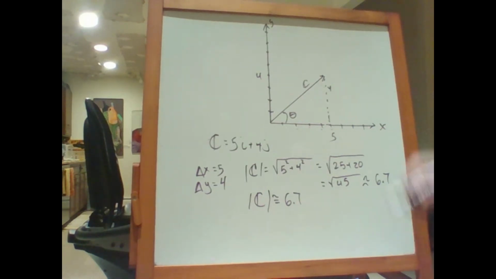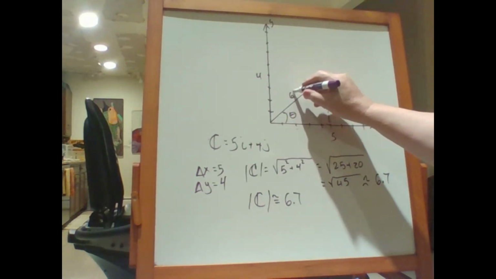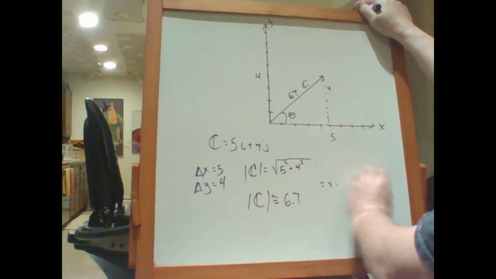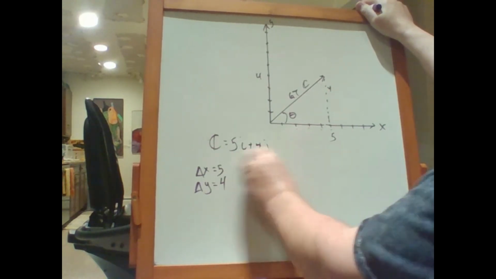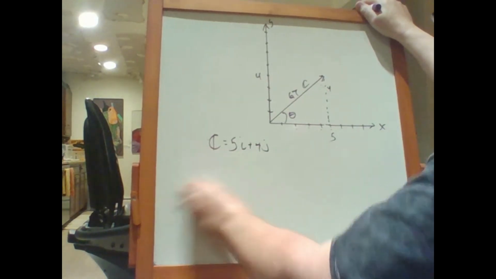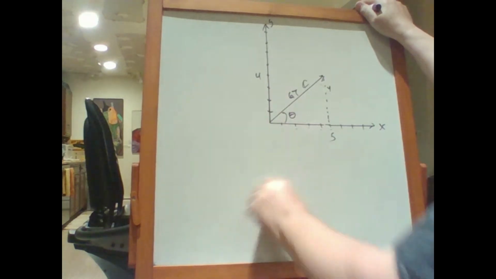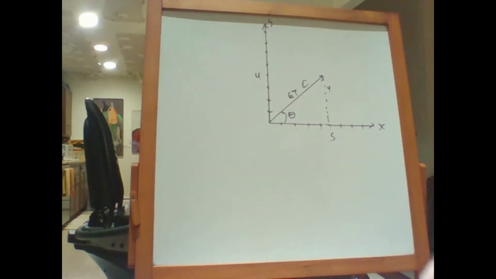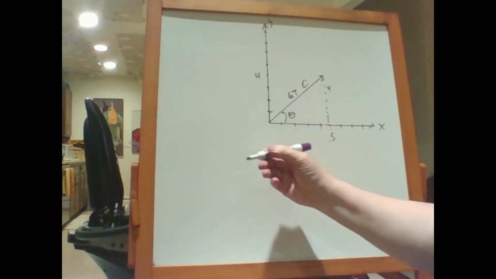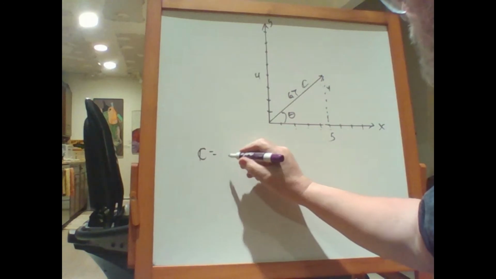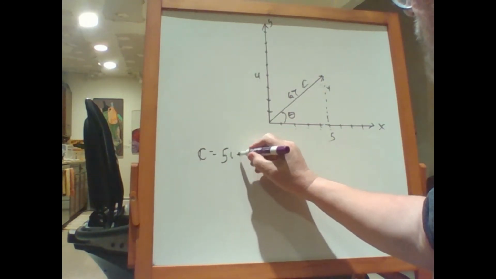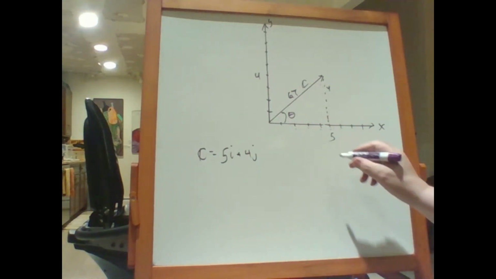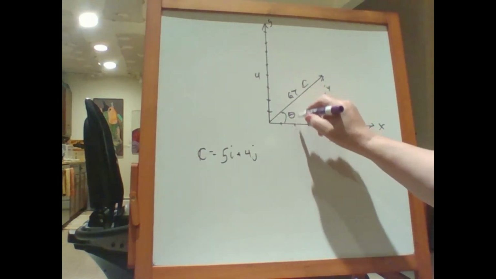All right, so this magnitude is about 6.7. Now, we can also say that we have a problem, what we call the dot product. Well, no, even before that, before I do the dot product, we have C equals 5i plus 4j, and we notice here we got some orientation.